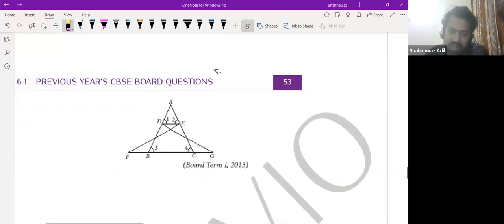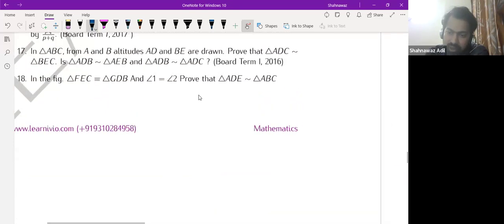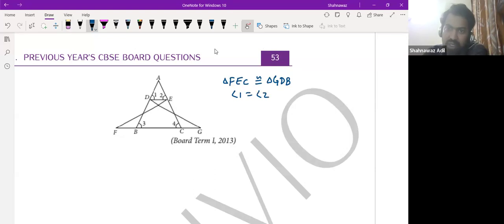I will write the information here. Triangle FEC is congruent to triangle GDP, and angle 1 equal to angle 2 is also given.